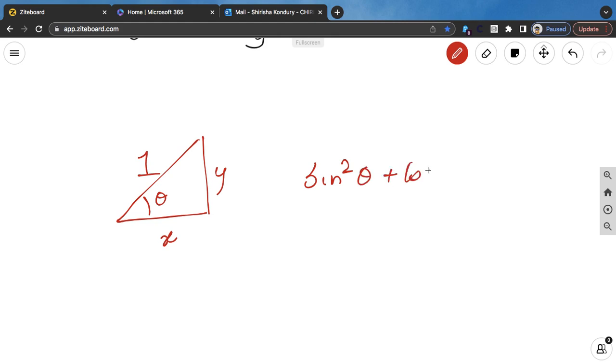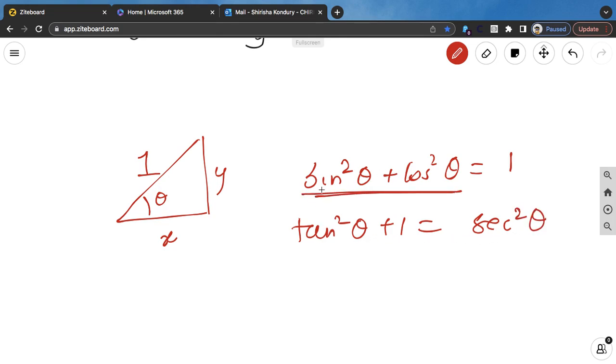If you also notice, let me redraw the circle. We have sine square theta plus cos square theta is 1. If I divide throughout by cos square theta, I'll get tan square theta plus 1 is secant square theta. If I divide this throughout by sine square theta, I'll get 1 plus cot square theta is equal to cosecant square theta.